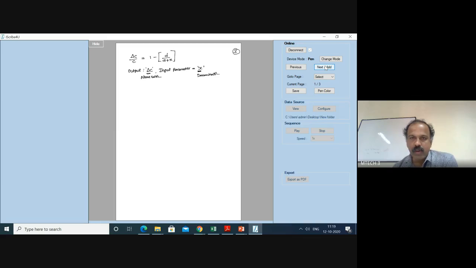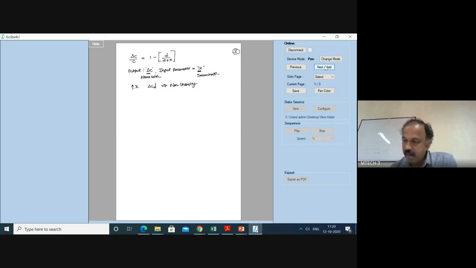Now, with the increase in the value of X, what is going to happen to delta C? Decrease. With an increase in the value of X, delta C is going to reduce. This is what is called non-linearity. With the increase in one parameter, the other parameter is going to reduce.